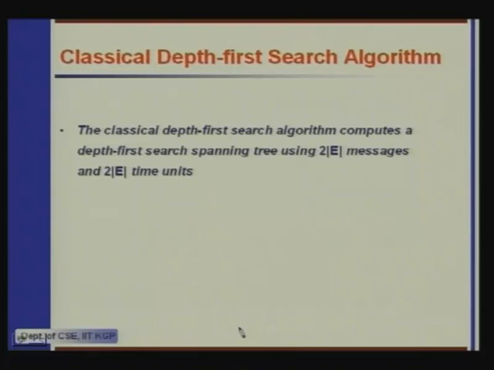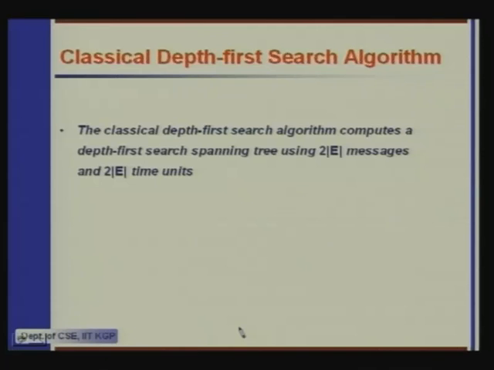Okay. 2e. What about the number of time units, the number of cycles? What is the largest? See, messages are being sent in parallel, right, sometimes. So, what is the number of time units?